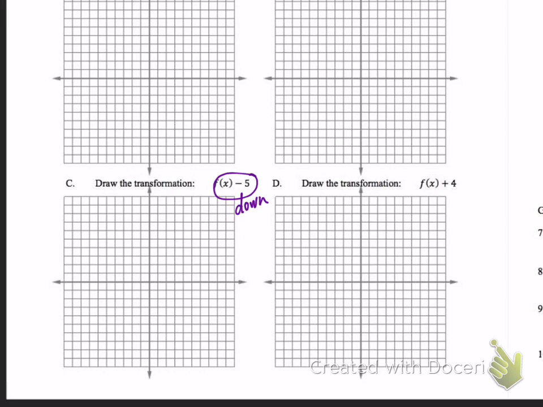So if I'm taking that bottom left point, which was at -6, -1, if I'm going down 5, what's my new point? -6, -6. Something like this.